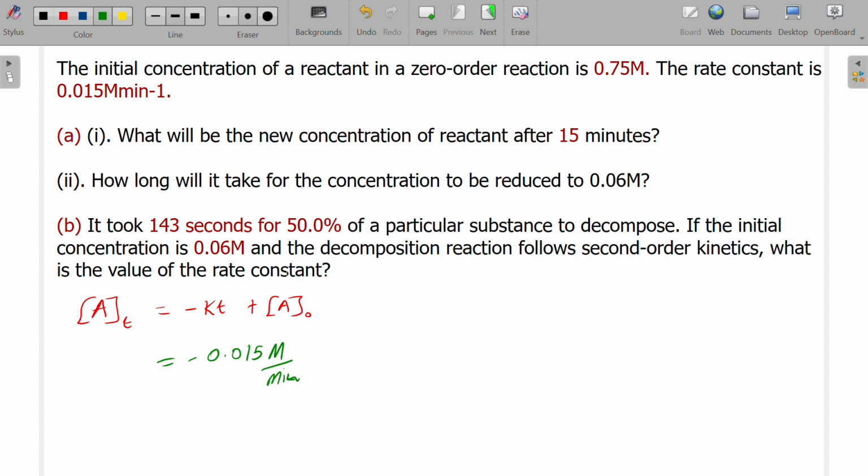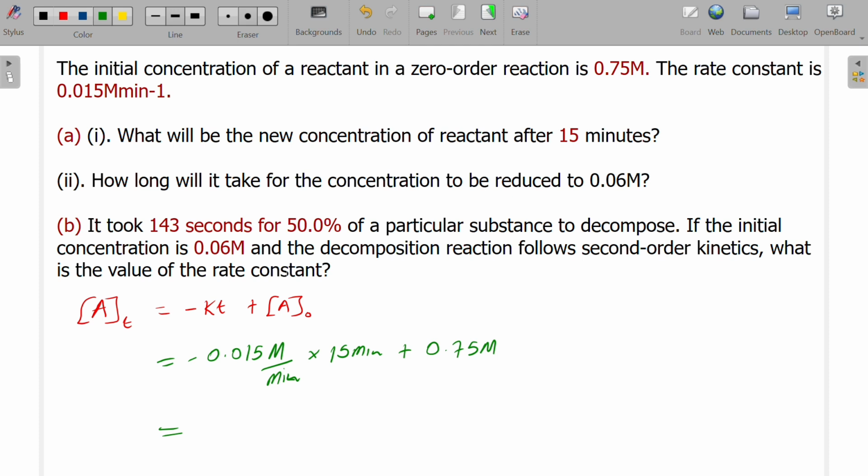This is multiplied by time, which is 15 minutes. And then this must be added to the initial concentration, 0.75 molar concentration.